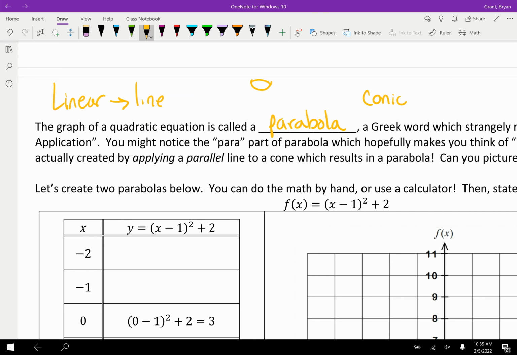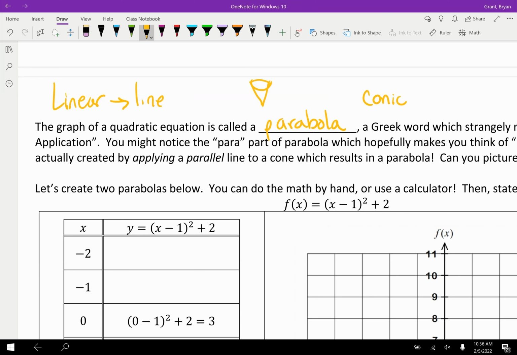Think an ice cream cone, looks like this. You're going to learn a little bit more about the creation of parabolas. And it turns out that if you cut a cone with a parallel line, like so, parallel to one side of the cone, and then you open up the cone, you look at the inside, that shape is actually a parabola. So that's a little bit of the background, but it doesn't make too much sense to go into it.